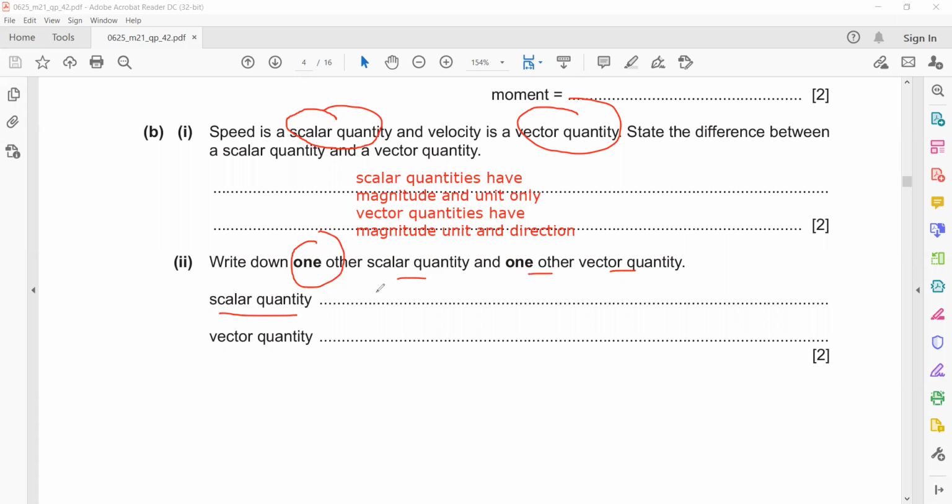Any vector quantity other than velocity? Displacement, good. It can be displacement, it can be force, it can be acceleration.